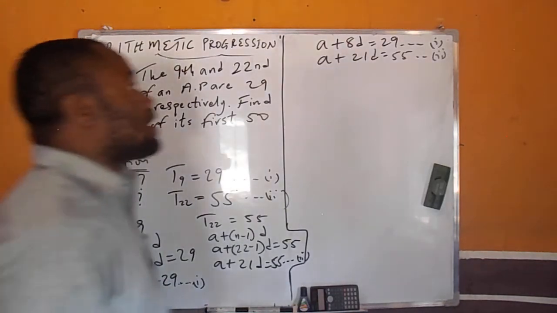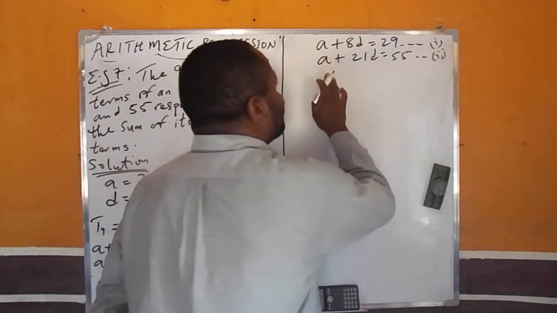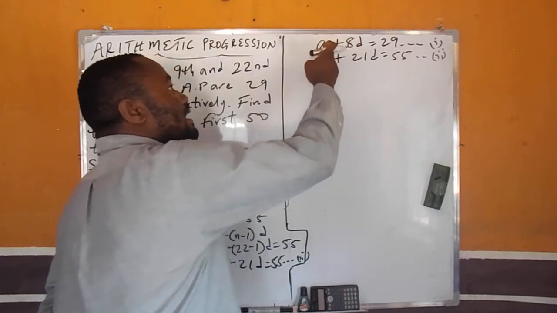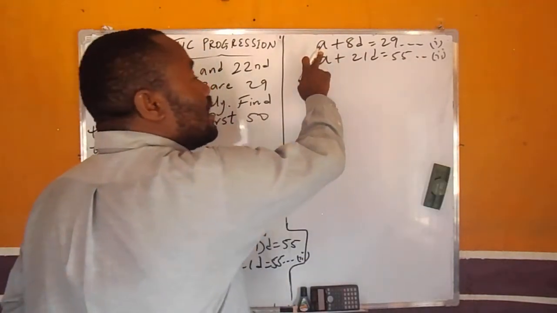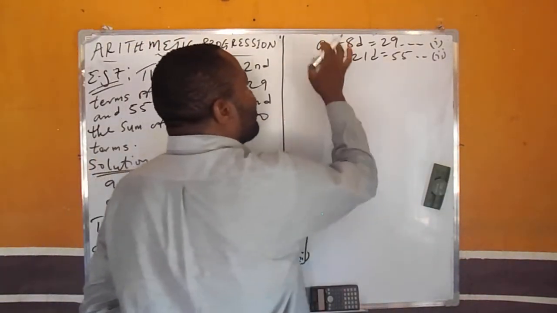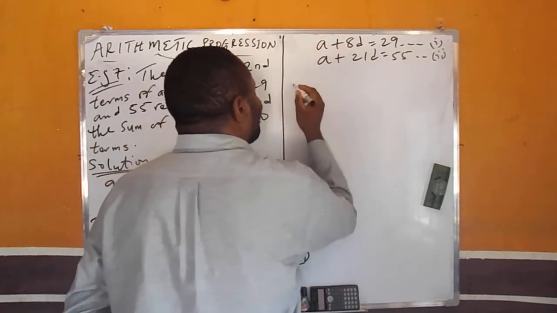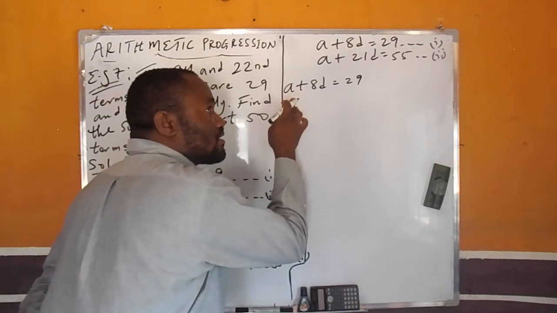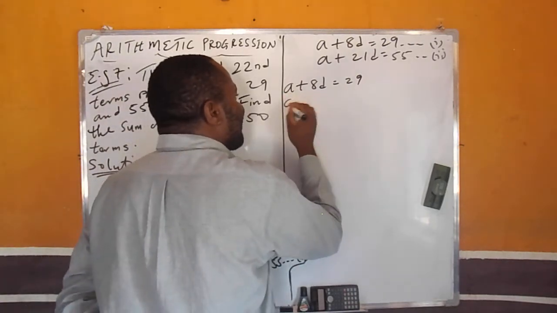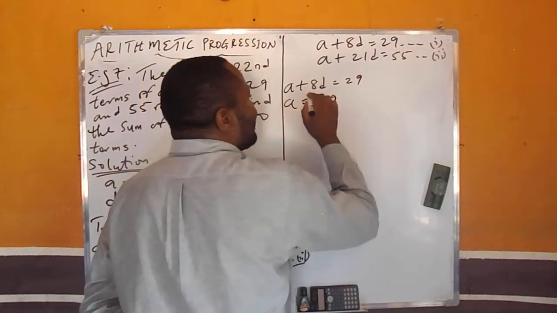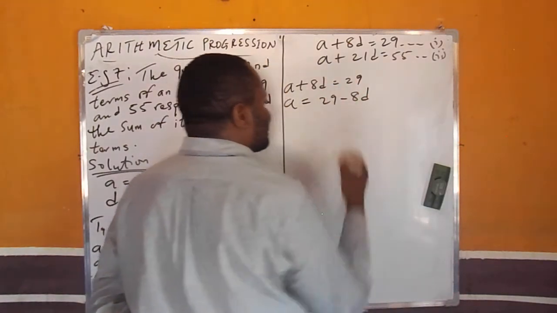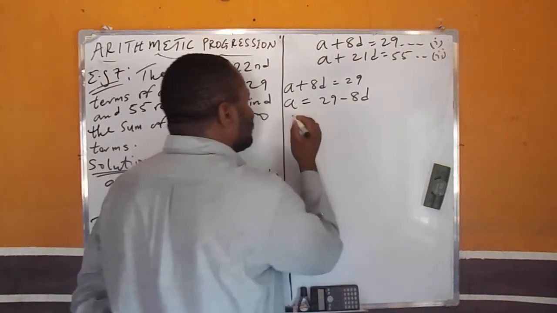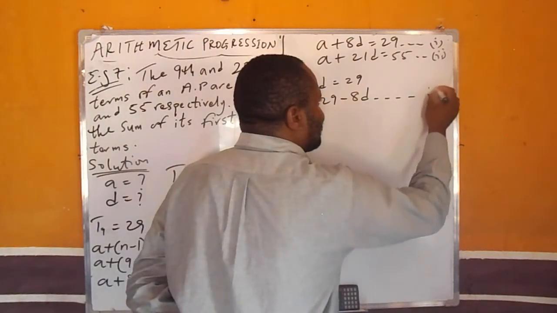Using the substitution method, we make a the subject of the formula in equation 1. So a equals 29 minus 8d. We now call this equation 3.